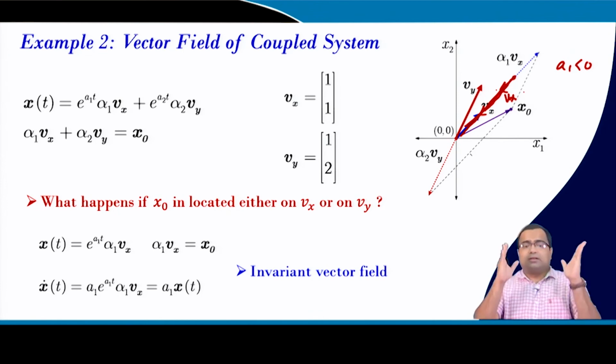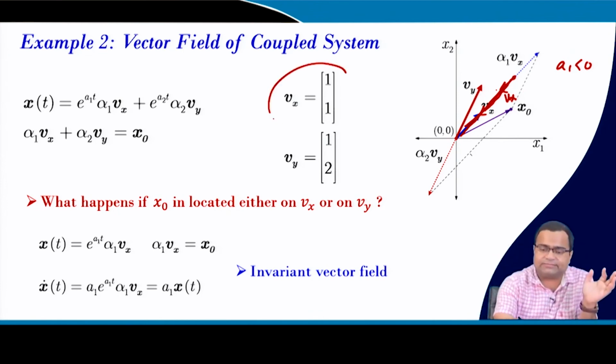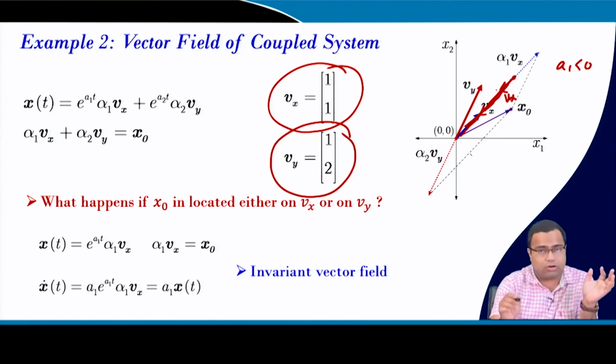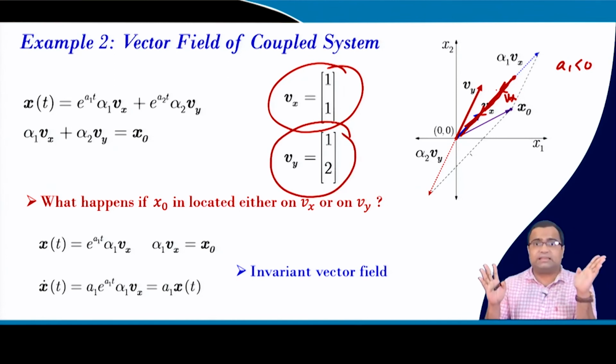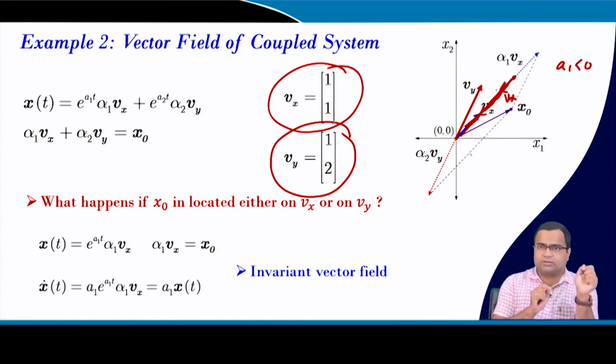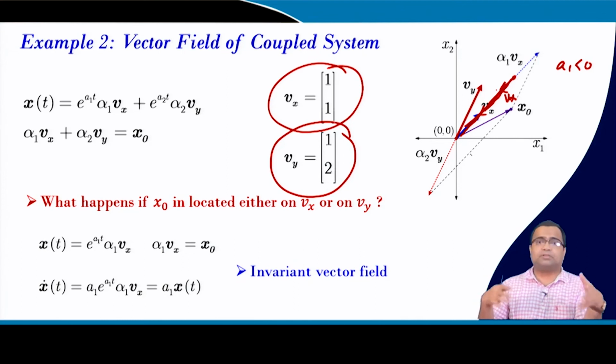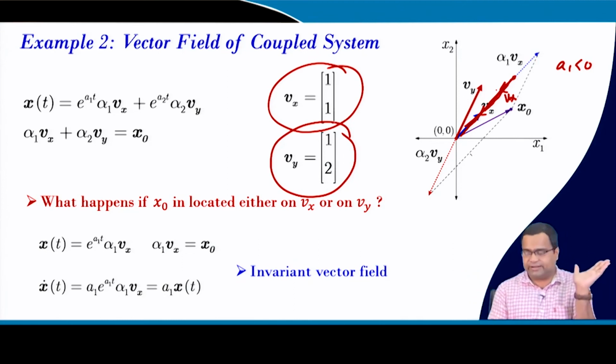These are the basis vectors, whether they are orthogonal or not, but they must be linearly independent. If you choose any initial condition on any of these basis vectors along that line, it will remain on the line, whether it comes towards the origin or goes away depending upon the stability property, and this is the invariant vector field.